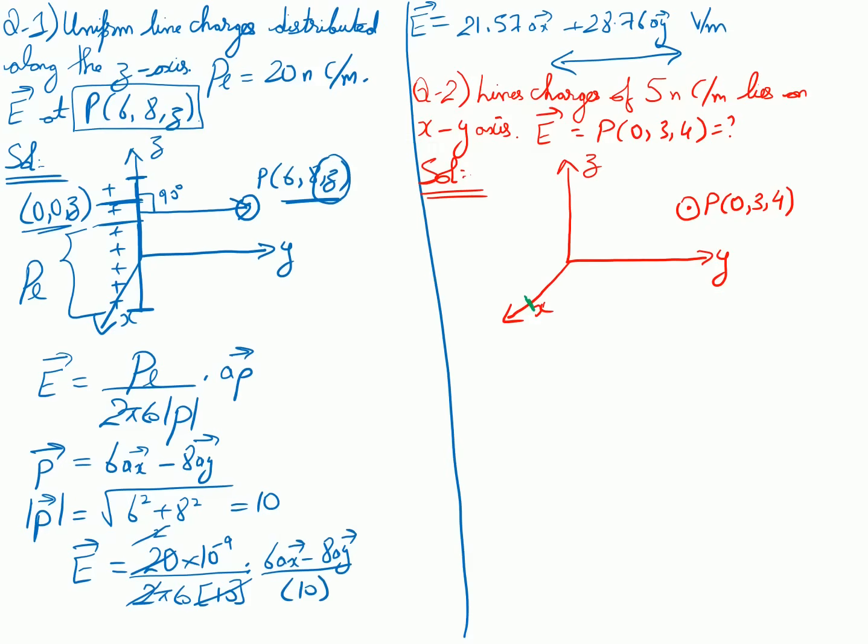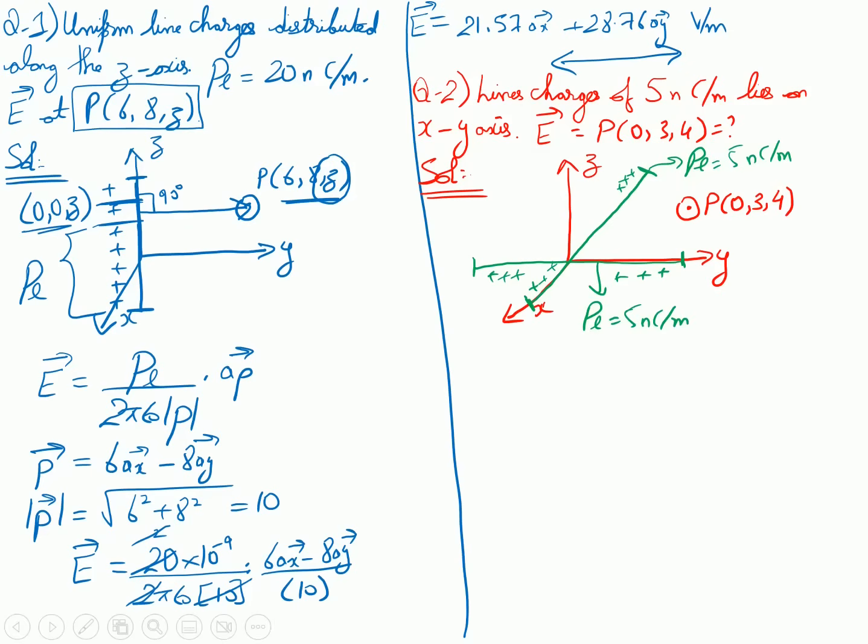So this is the x axis, the first line of charges, uniformly distributed. Then we have the second line along the y axis, the second line of charges. Both of these lines have a line charge distribution value of 5 nanocoulomb per meter.